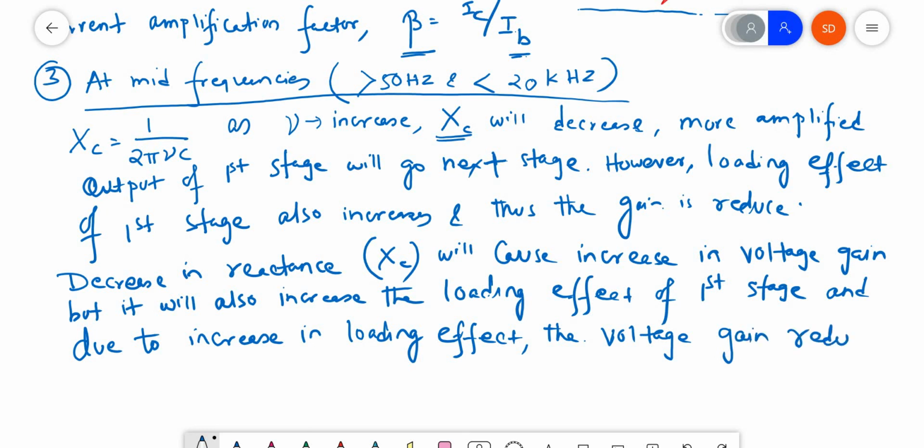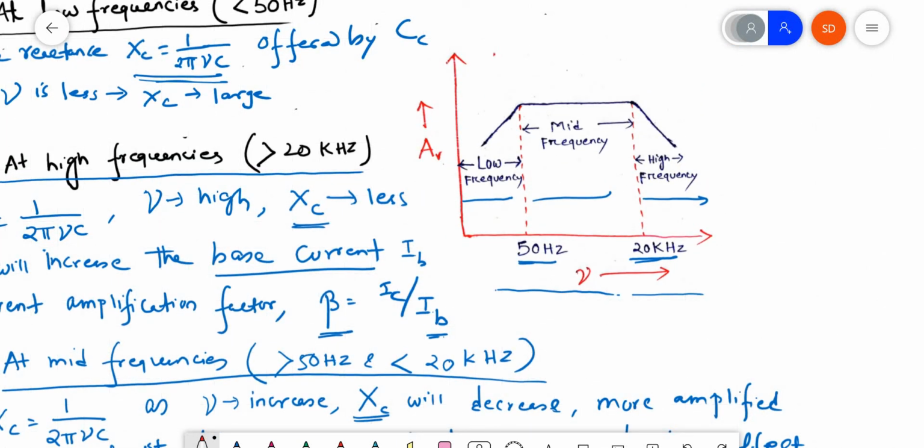So again I am telling you, decrease in reactance will cause increase in voltage gain, but this increase in voltage gain will be balanced by loading effect. Loading effect will cause decrease in the voltage gain again. As a result, in the mid frequency range, the gain remains constant.